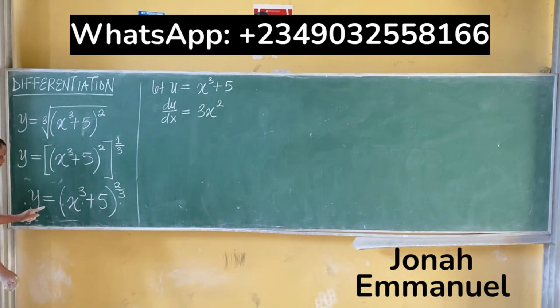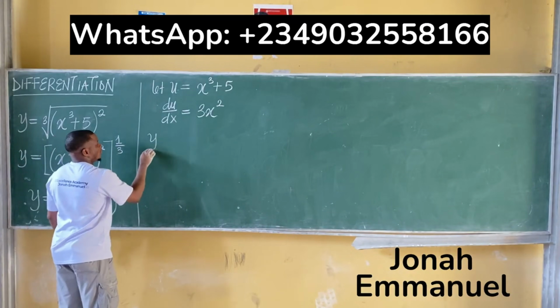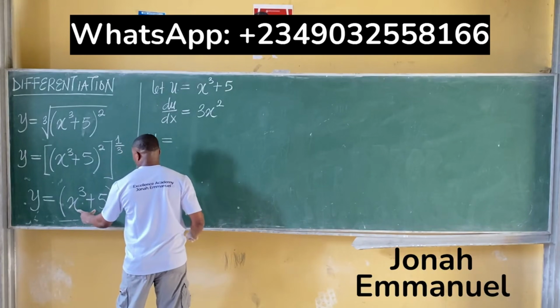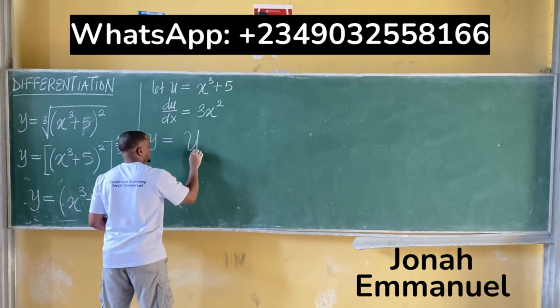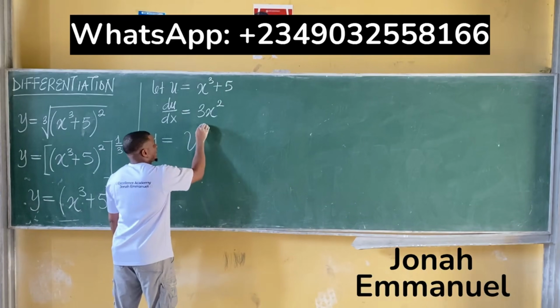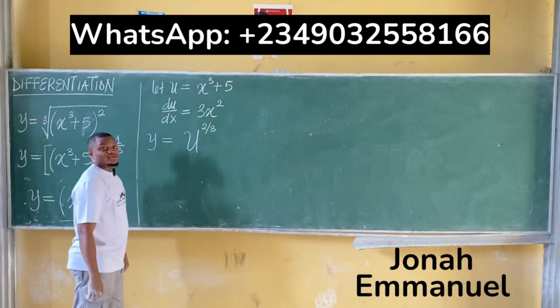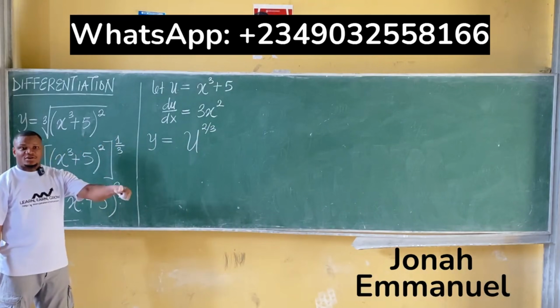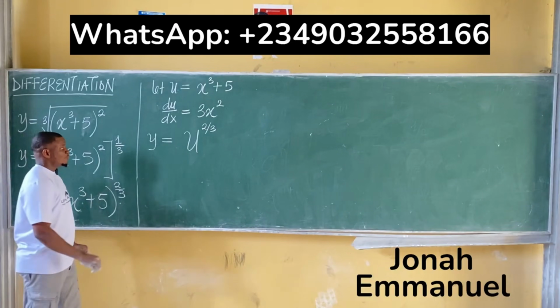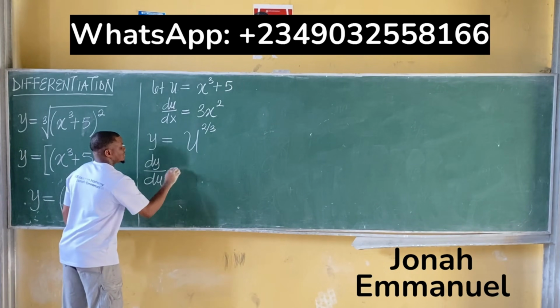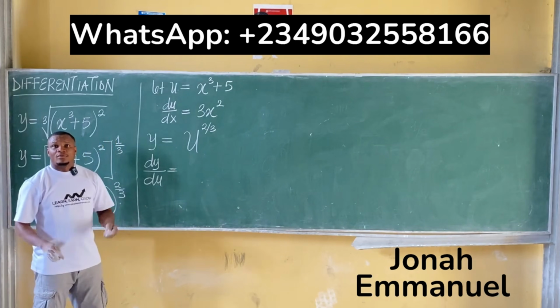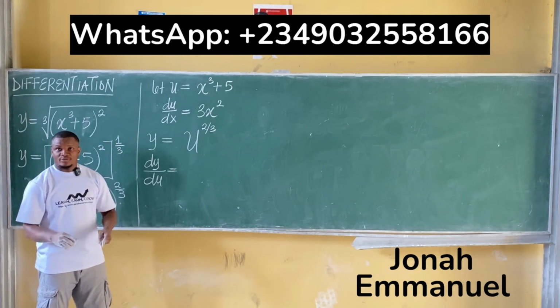Okay. Next up, y will be equal to u to the power 2 over 3. So my task here is to find dy/du. We have that dy/du is equal to, how do you get that? Multiply by the power, subtract 1.